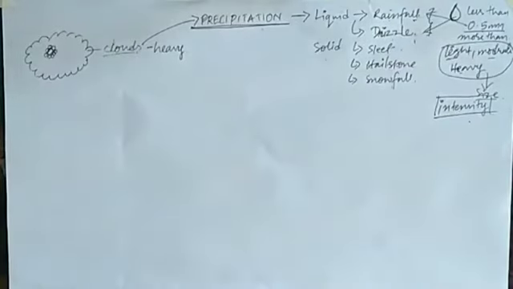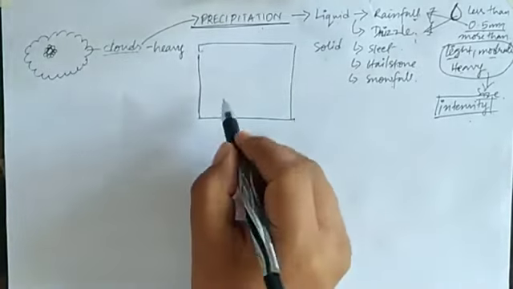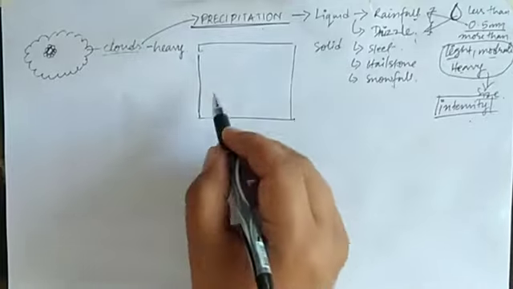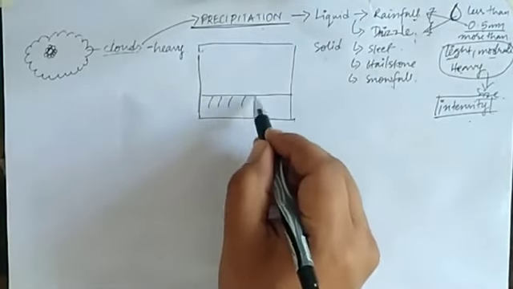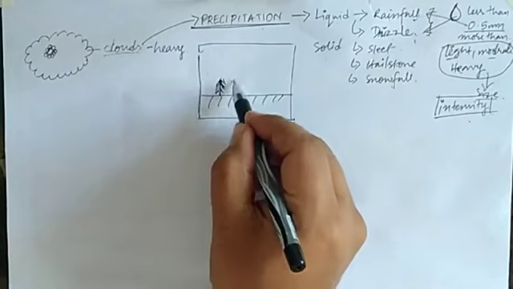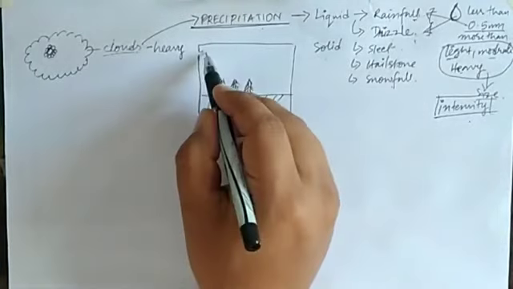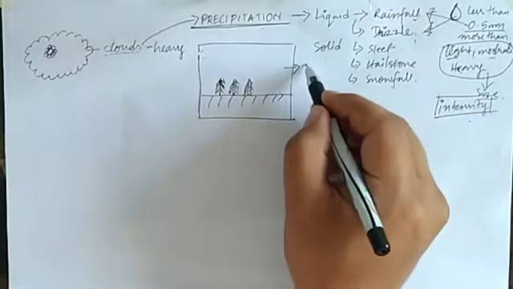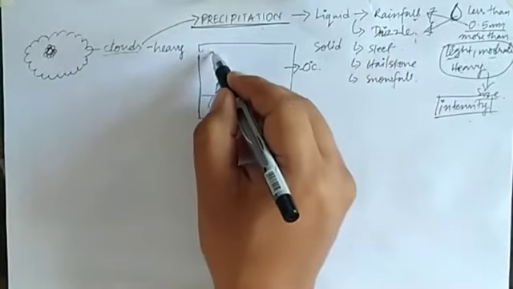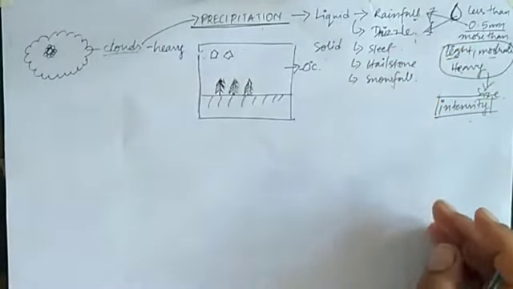Now snowfall we all know, isn't it? Whenever the temperature near the earth's surface as well as in the upper atmosphere is below 0 degrees Celsius, then instead of droplets, small light six-sided crystals will form.